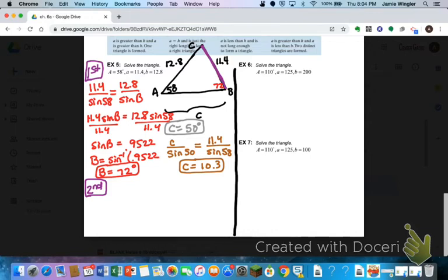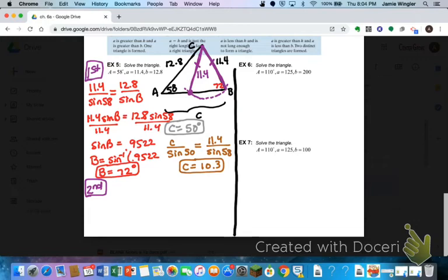So in my picture, my given angle is 58, so I'm going to take the side that's opposite the given angle, and I'm going to swing it over to hit that part of the bottom line. In geometry, this is how you made a construction. If I connect those dots right there, then this side is also 11.4, and this triangle is isosceles.